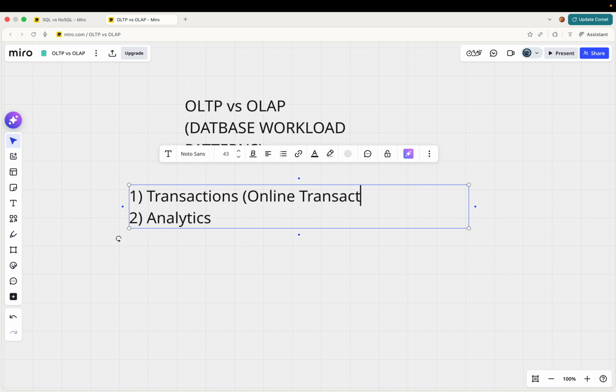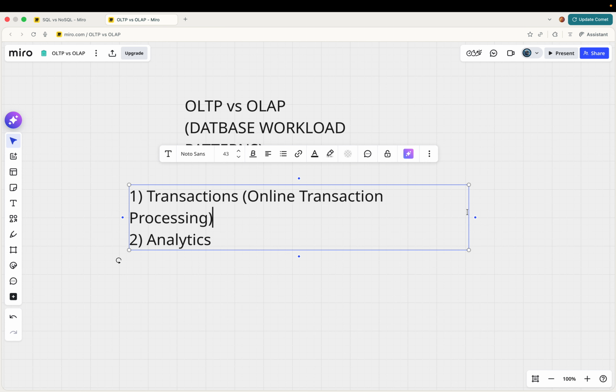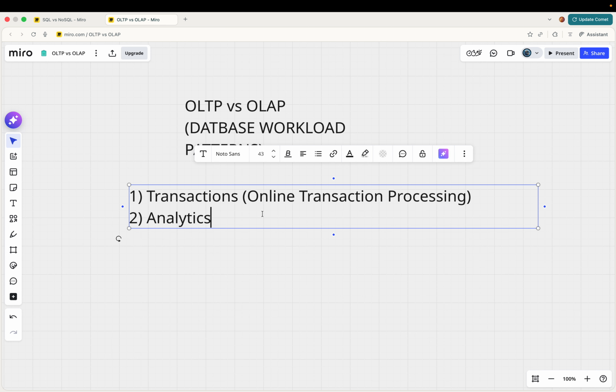We call it OLTP, online transaction processing. And the other is OLAP, online analytical processing.